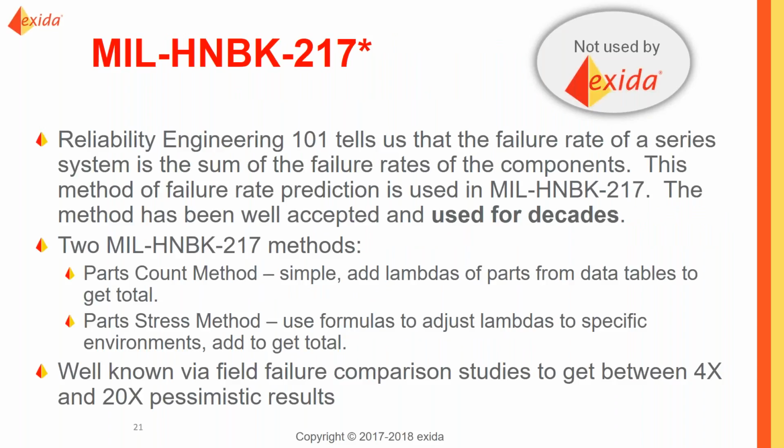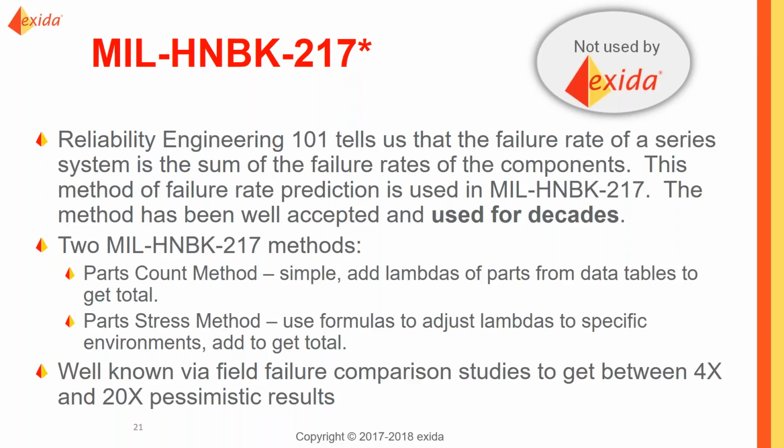So this one, the Mil Handbook 217, once again, the basic premise tells us that the failure rate of a series system is the sum of all failure rates of its components. This Mil Handbook 217 is well accepted, it's been used for decades, but now we're starting to see some issues with this method.